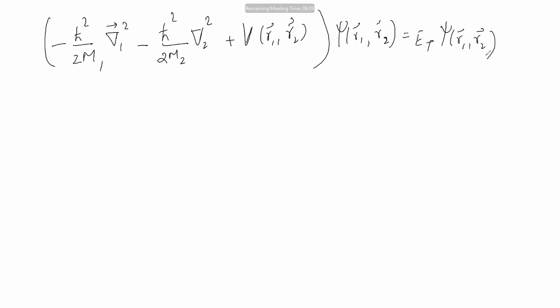V is basically representing the potential, the common potential created by the two particles.